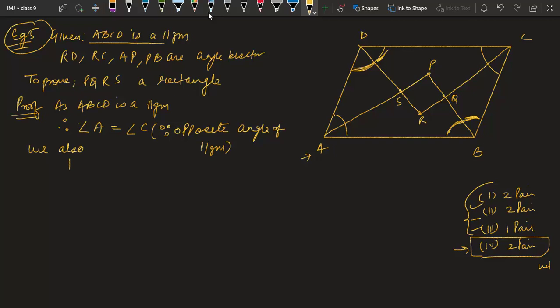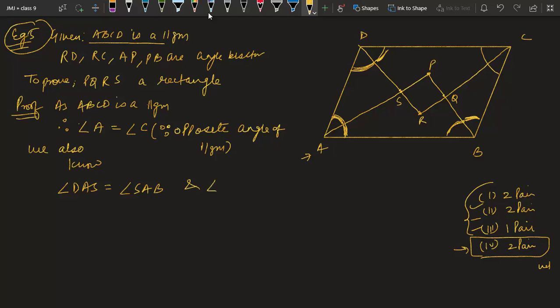Now we also know that these angles are bisected. That means this angle equal to this angle. For the time being, let me call it angle DAS. Angle DAS is equal to angle SAB.